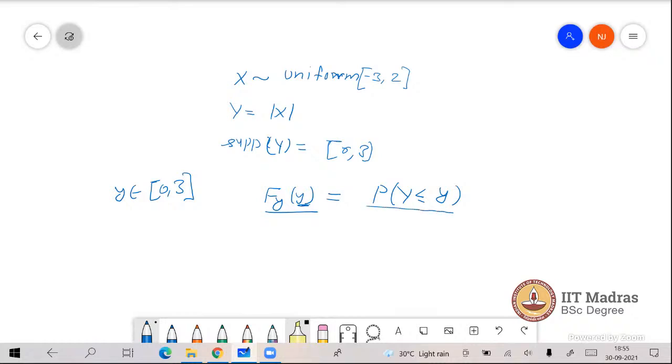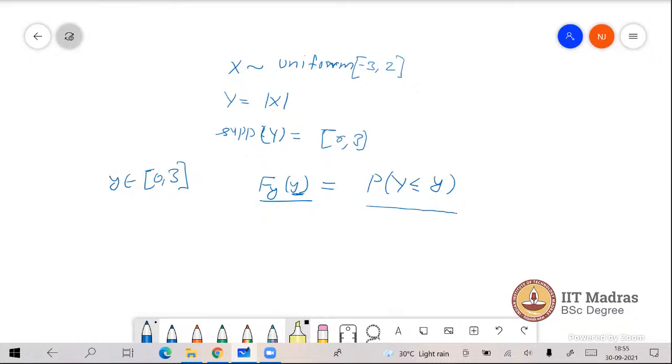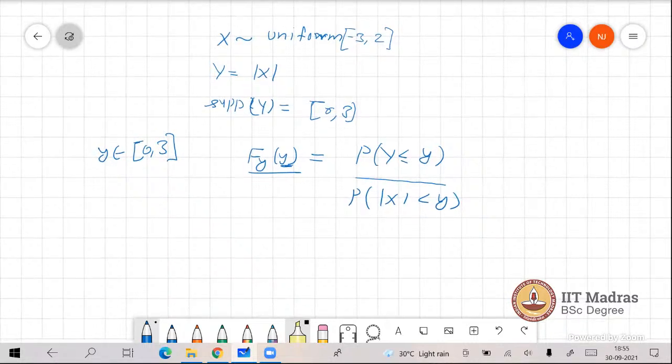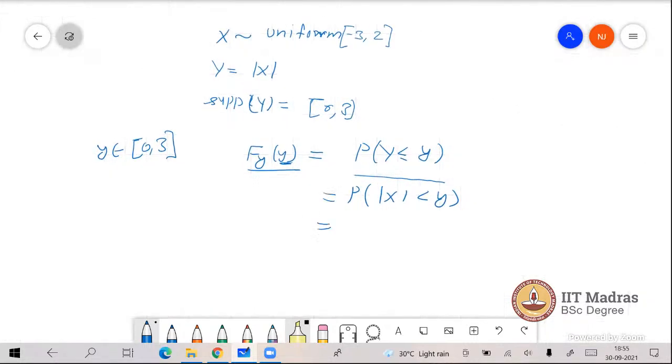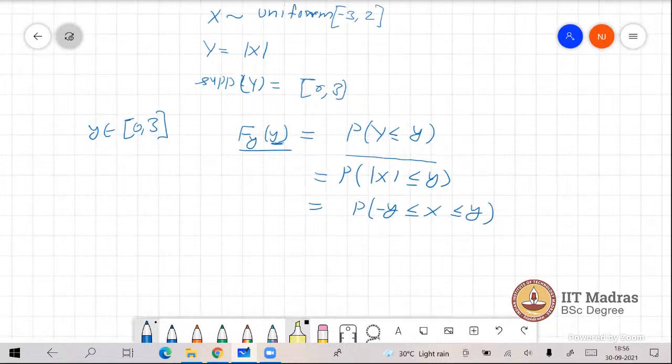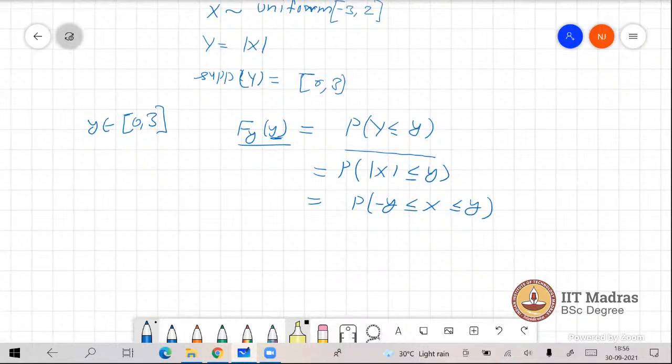I will convert this probability into a probability of X. So Y is defined as mod of X, which is less than or equal to y, right? Now I will convert into X. Mod of X is less than or equal to y means that X is lying between minus y and y, right?